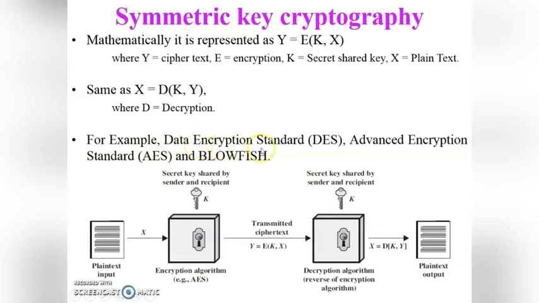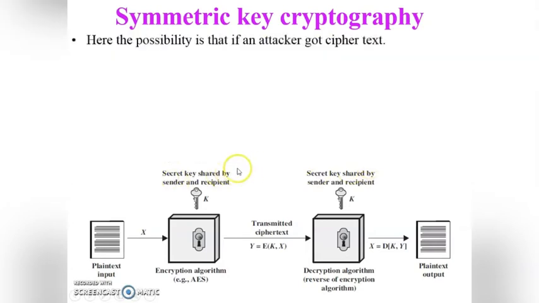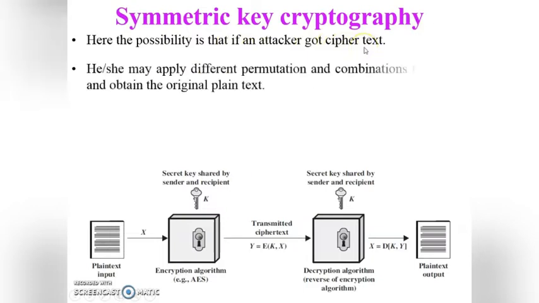The other input of the encryption algorithm is the secret shared key. So E of K, X: both K and X are applied to the encryption algorithm and it generates Y. Y is equal to the ciphertext. X and capital K are the inputs, and the output transmitted ciphertext is Y, which is transmitted to the receiver side.